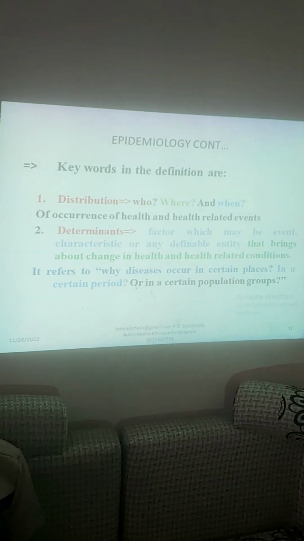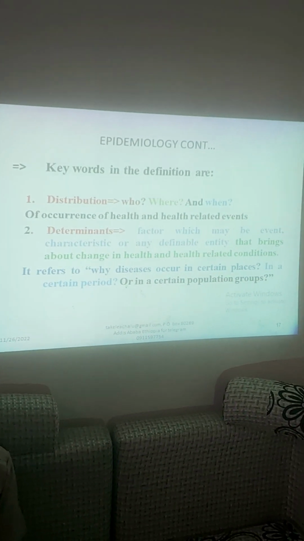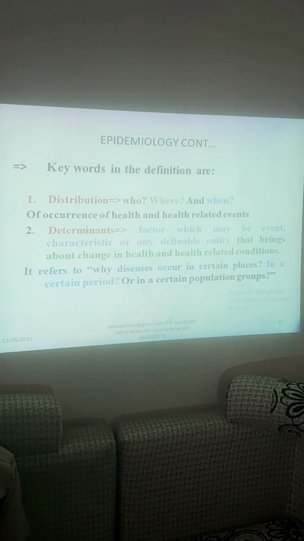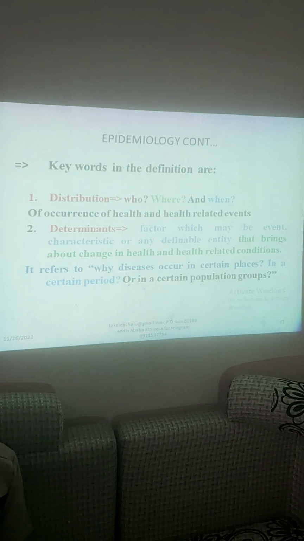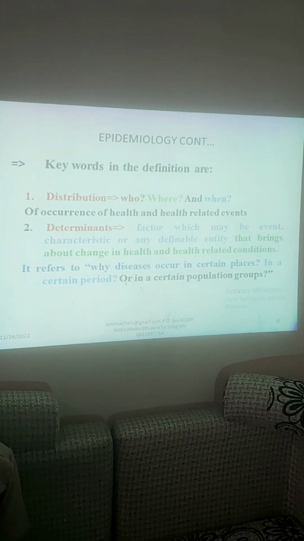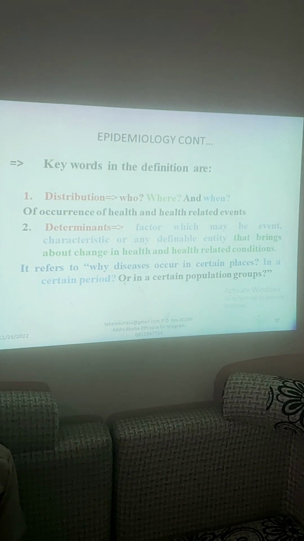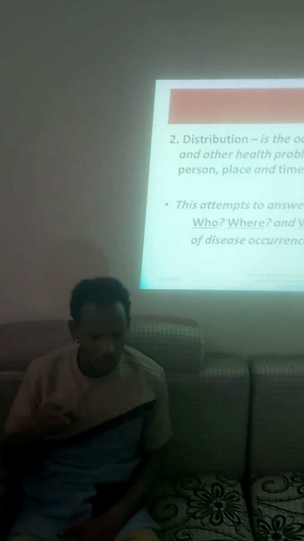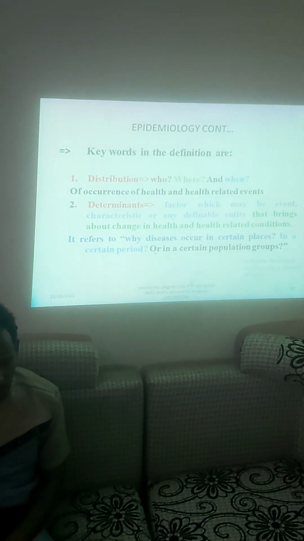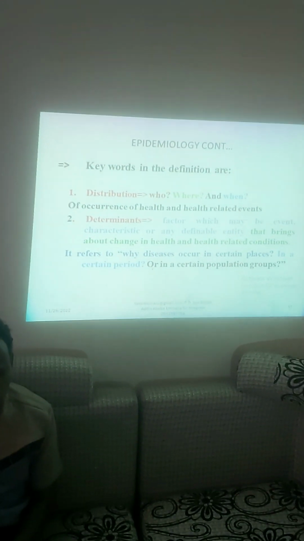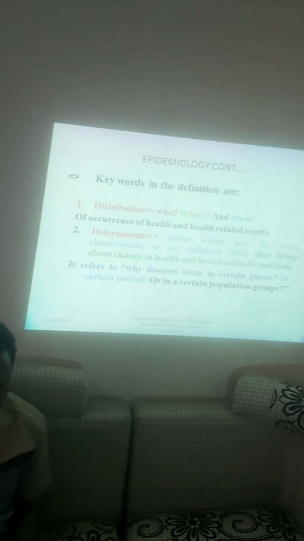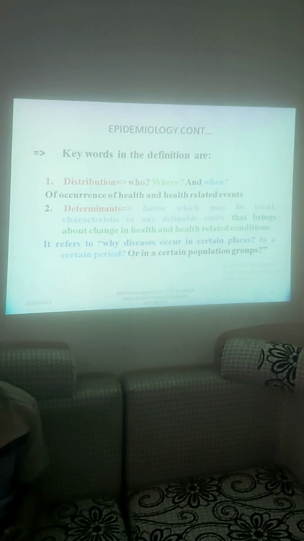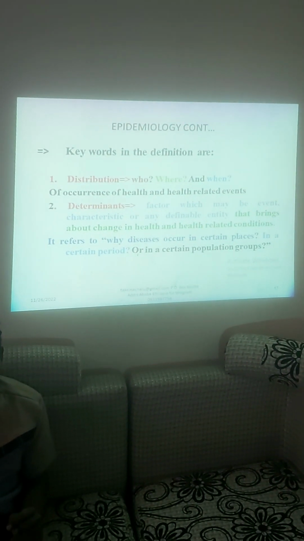The next one is the factors, or determinants. A determinant is a factor, which may be an event or characteristic, that brings about a change in health and health-related conditions. It refers to why diseases occur in a certain place, in a certain period, or in certain population groups.